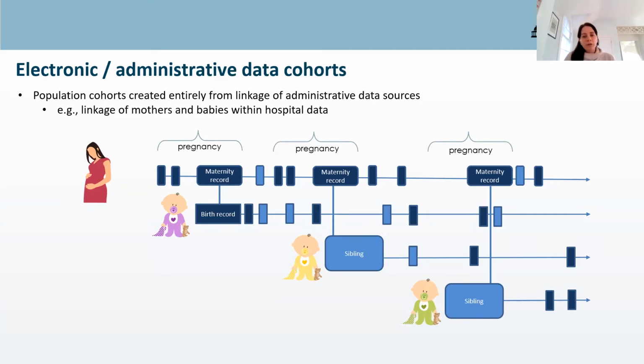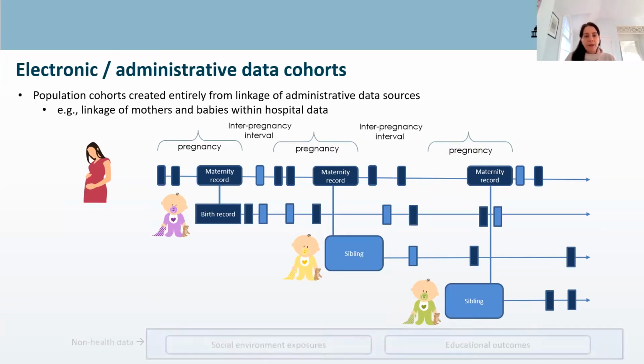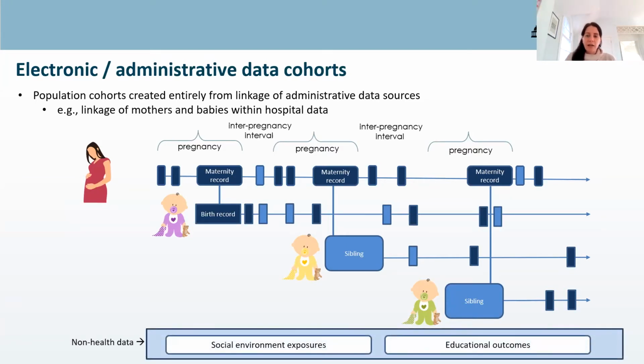So thinking more broadly, we're beginning to be able to take advantage of linking with wider determinants of health, including social environmental data and also educational data, whether that's as an exposure or an outcome. So every piece of information we link together is like a piece of a jigsaw and helps us understand how different parts of our lives fit together.